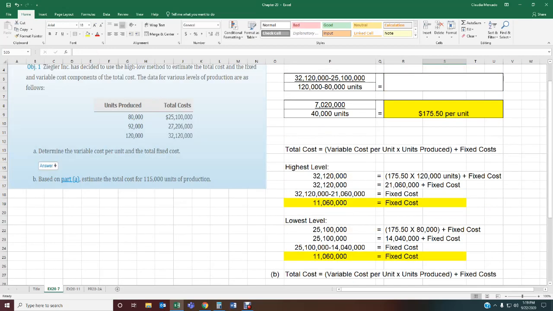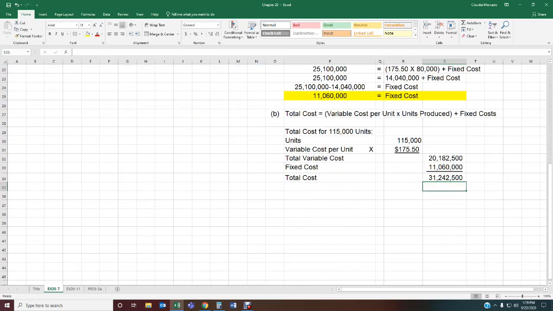So requirement B: if we estimate a total cost for 115,000 units of production, that would give you 31,242,500. You get the number of units times the variable cost to get your total variable cost, and then you add your fixed cost to get your total cost.